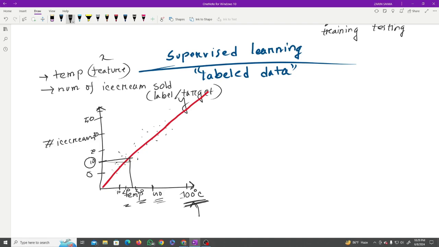So you see, in supervised learning, the label or target is given, and this is your label or target, the number of ice creams, right? But in unsupervised learning, you won't have this label. You will have some unlabeled data, just features, and from those features, you will find some interesting pattern or interesting idea.